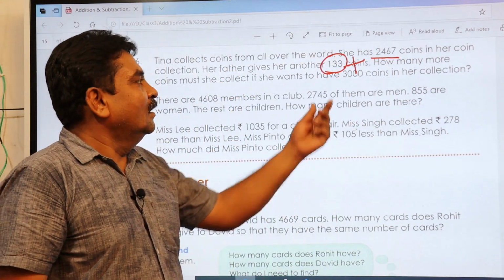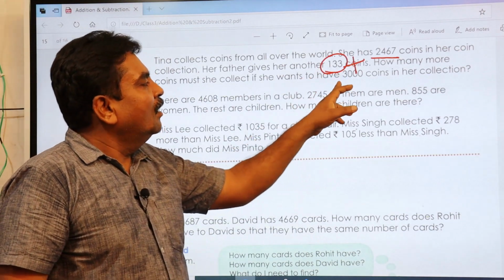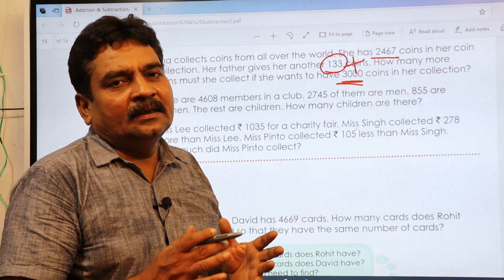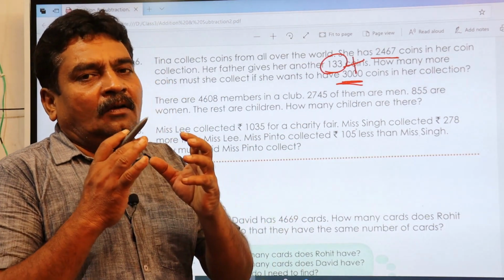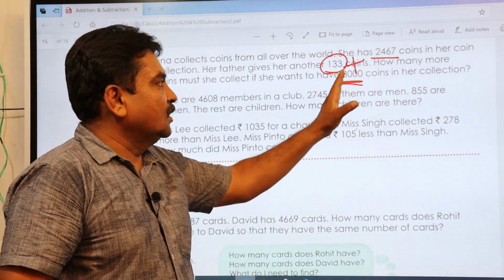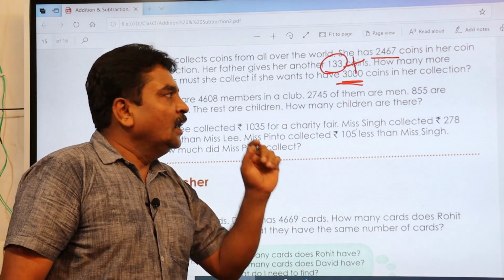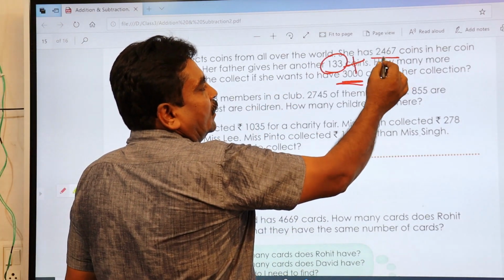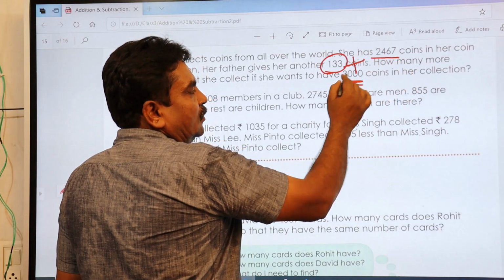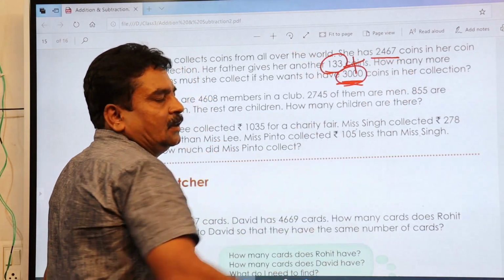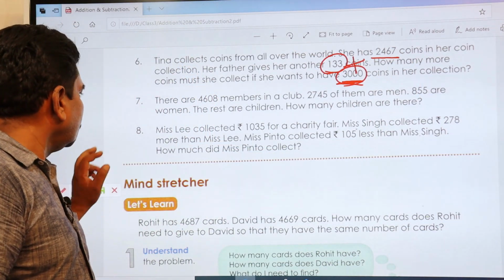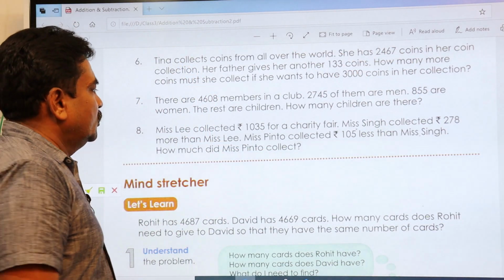And then you have to subtract from the coins she wants to collect, that is 3,000. Simple. We'll add these two first, and the answer you get, you should subtract from 3000. Okay, we'll do it in a proper way.